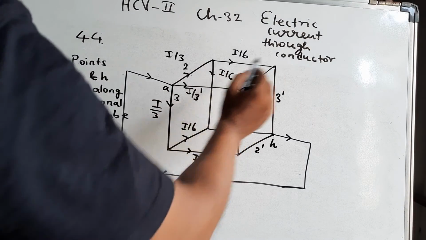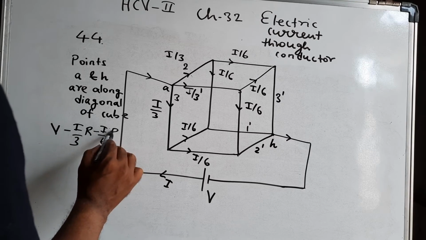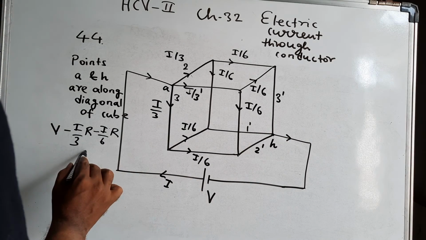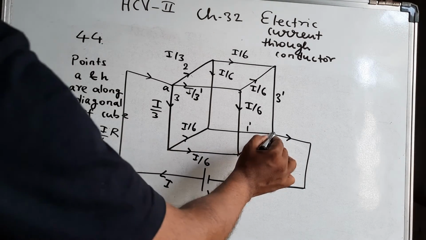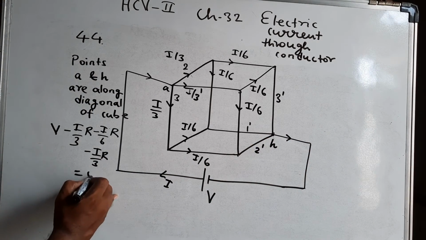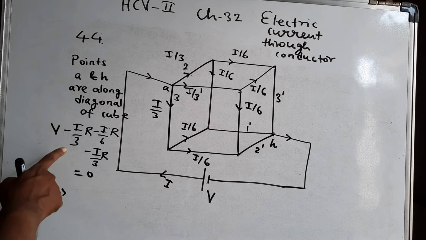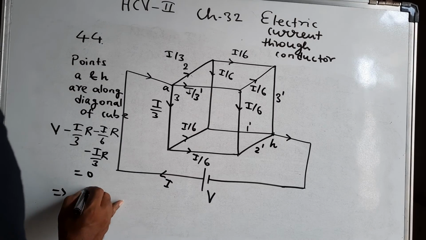Then from here to here it is minus I by 6 into R, and then from here to here it will be further minus I by 3 into R, and the loop is over. So the sum should be equal to 0.